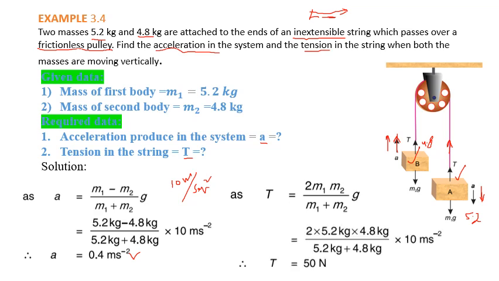So just putting the values, 2 multiplied by 5.2 multiplied by 4.8 divided by 5.2 plus 4.8, multiplied by 10. So it comes out to be 50 Newton. So this is the tension in this string, right? Or you can say this is the force in this string, right?